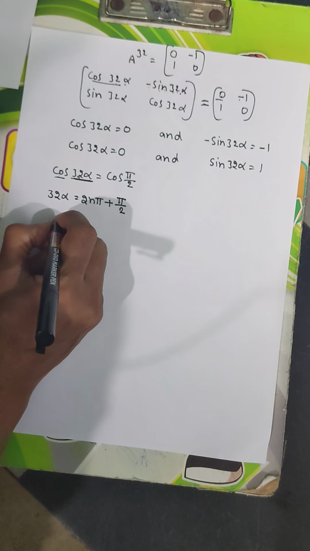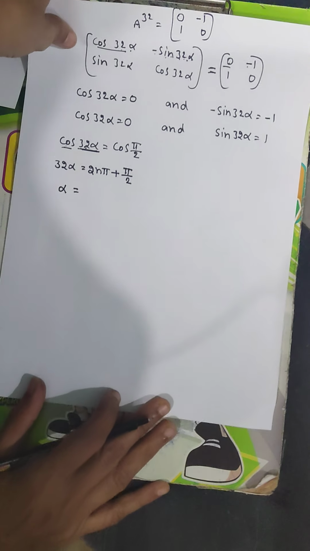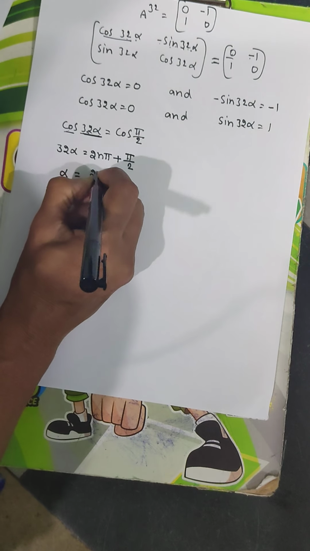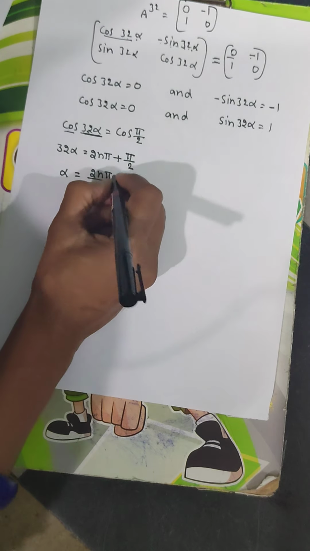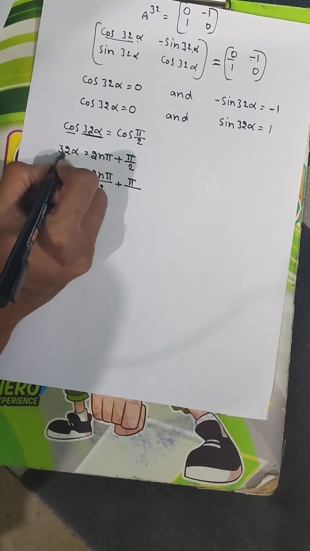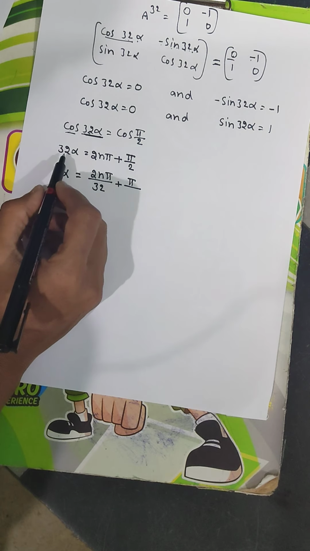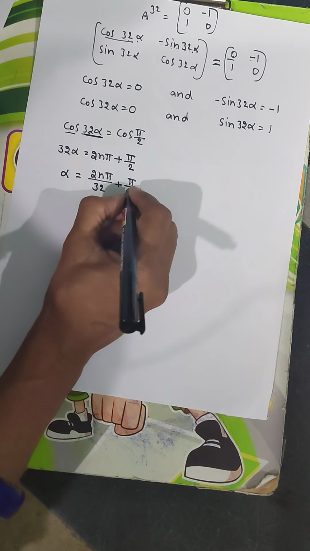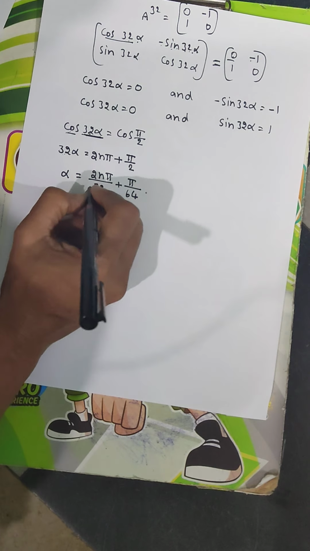So alpha is equal to 2n pi by 32 plus pi by 2 into 32, that means pi by 64. This is the alpha value.